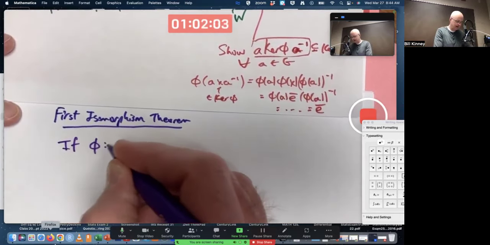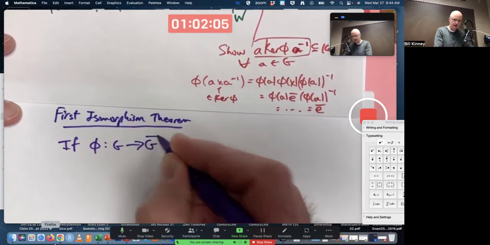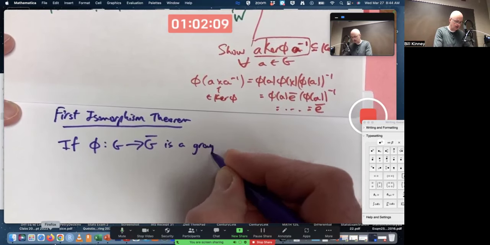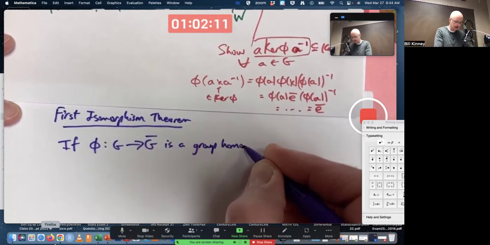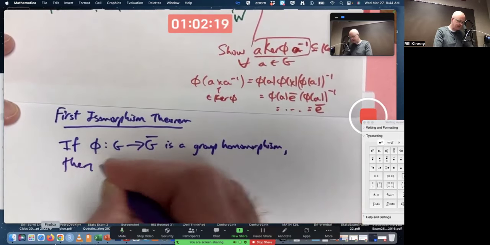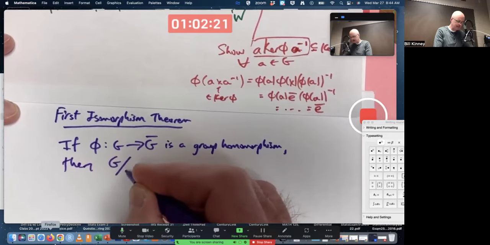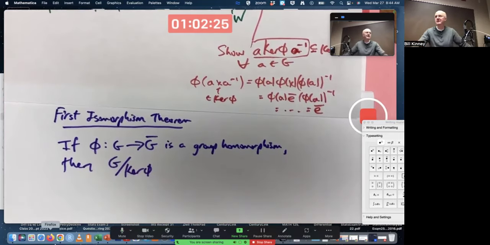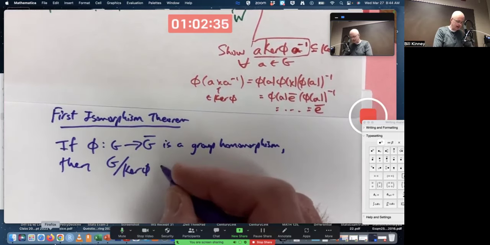If phi from G to G bar is a group homomorphism, so it's operation preserving, then the factor group of G by the kernel of phi, which you can form even if G is not abelian, G could be any group, because kernels are always normal, is isomorphic.